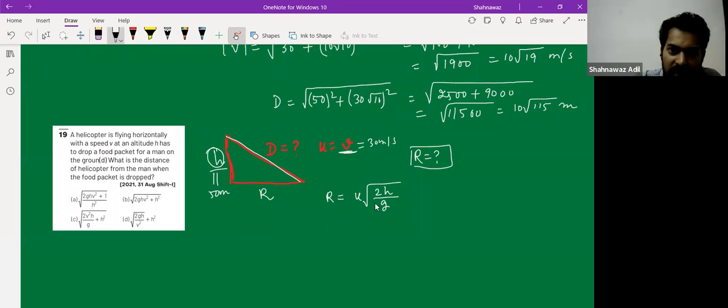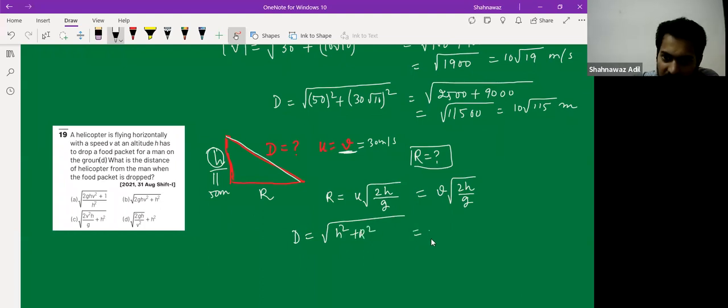Hello. Yes, sir. Okay, let's see if C is the answer or not. Thank you for solving it. Okay. So this is what? V root 2H by G. Okay. And what will be D? This will be what? H square plus R square, right?